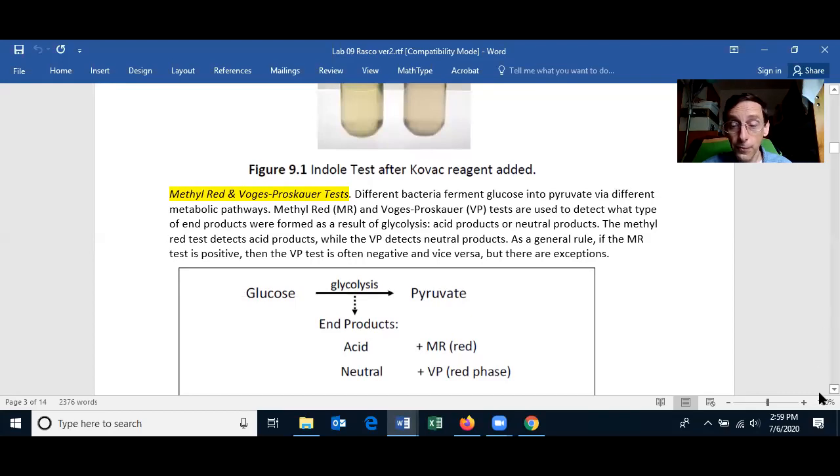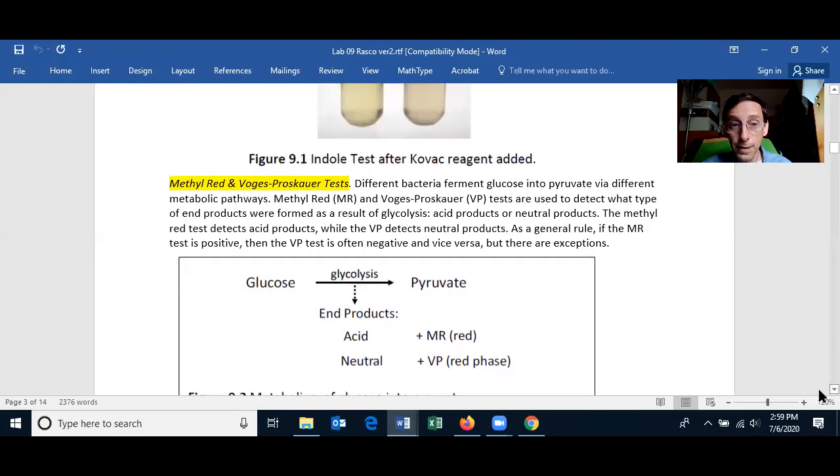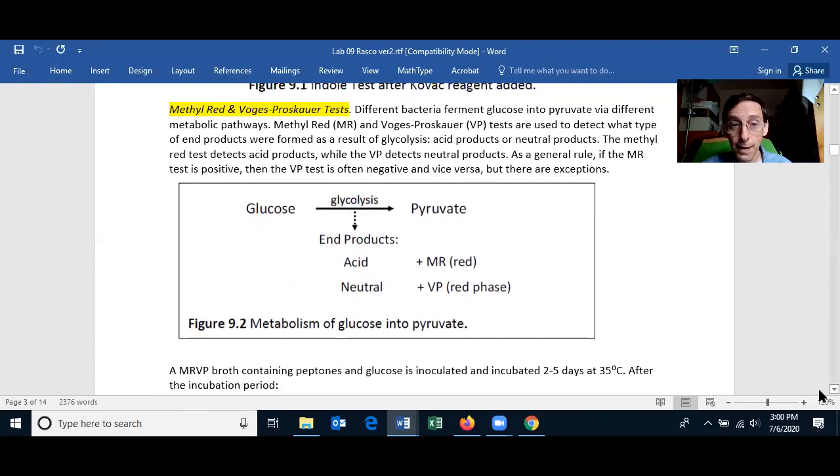For the methyl red test, you're looking at the mixed acid fermentation, where glucose, when it is fermented, can produce acids.